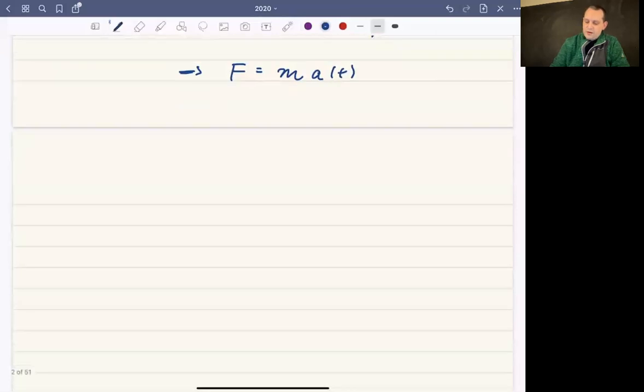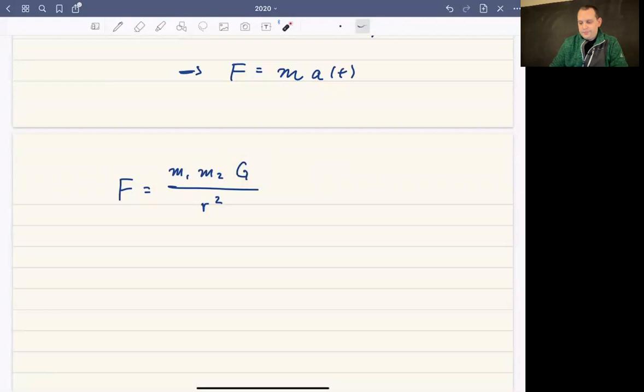And so the force being mass times acceleration tells us a little bit. For example, Newton's law of gravitation says that if you have two objects with two masses, m1 and m2, the force of gravity exerted between those two objects has a particular formula. It's m1 times m2, the product of the masses, times this constant G, all divided by r squared, where r is the distance between the centers of the objects, and then you square that distance.